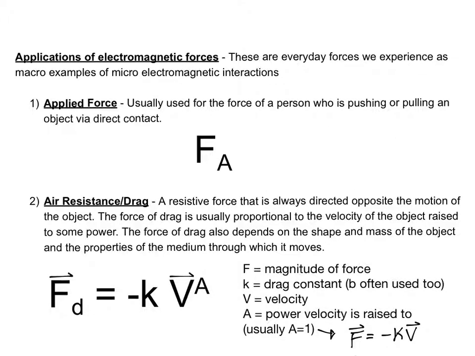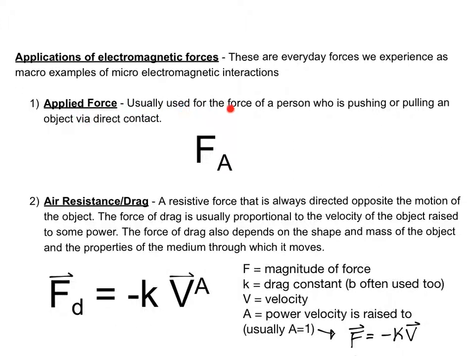All right, so everything here is an application of an electromagnetic force. These are the everyday forces that we've already been talking about, which are just large scale examples of very small electromagnetic interactions. So I put these in alphabetical order.